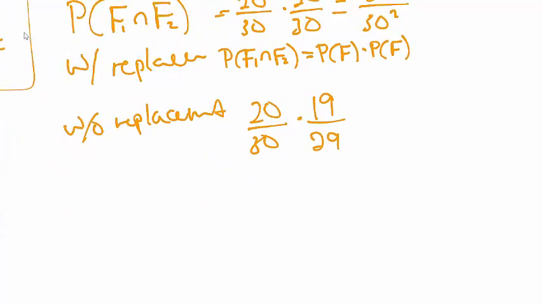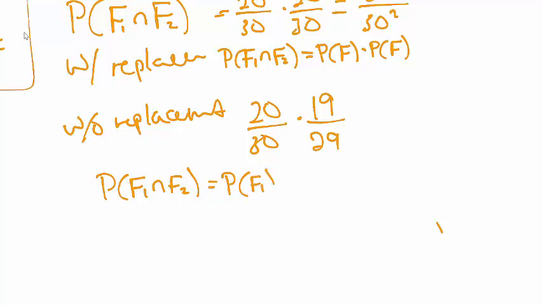For this one, the probability of getting a girl and another girl, that's the probability of getting a girl times the probability of getting a second girl given you got a girl the first time. So you still multiply when it's and, but this one is going to change a little bit.